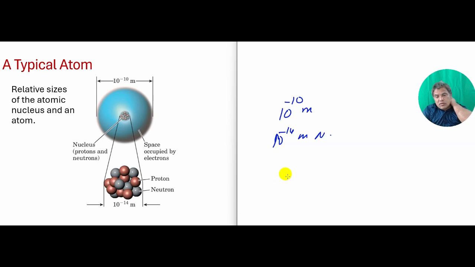So the nucleus is very tiny. Some atoms are small, some are bigger, but they are all around this.